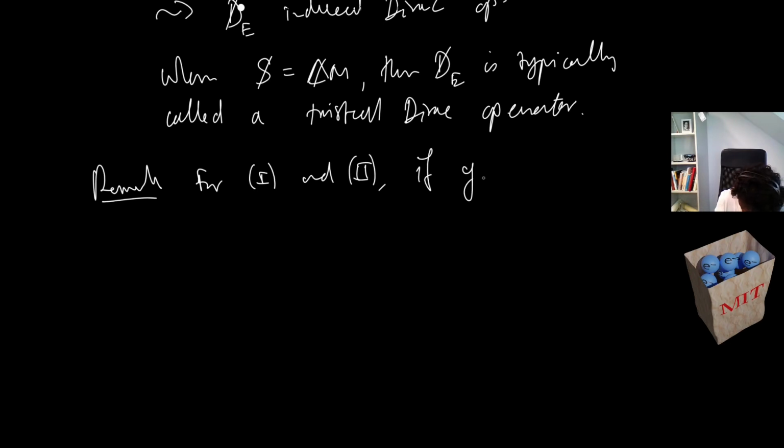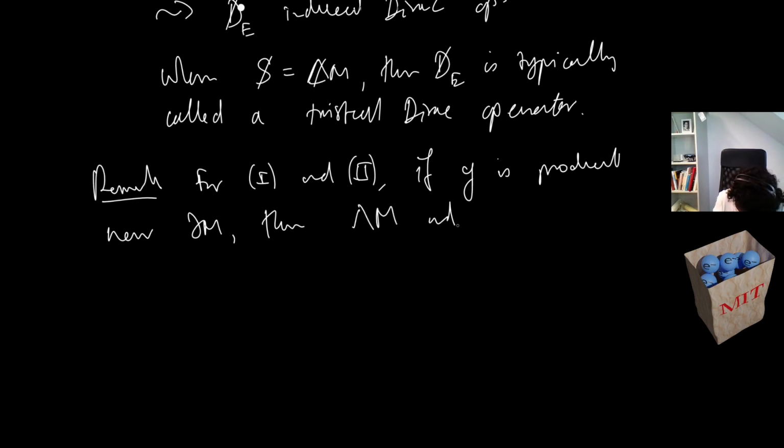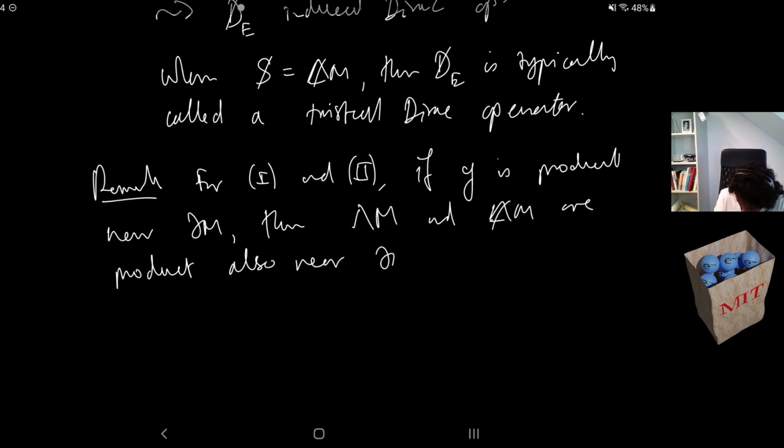If g is product near the boundary, then the bundles are product also near the boundary, right? So the point is that we get lots of things that are determined purely from the Riemannian metric.